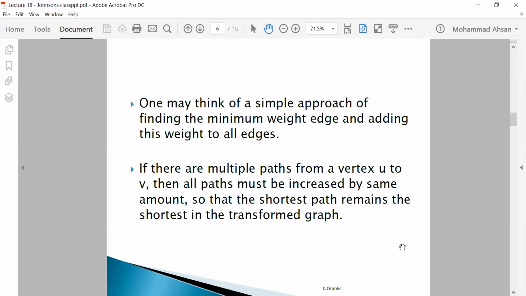If there are multiple paths from a vertex, then all the paths must be increased by the same amount. Unless you increase all the paths by the same amount, there will be a discrepancy in the shortest path in the changed graph. So we want the shortest path to remain the same for the vertices even after this weight change, but if you add it to every edge, it will not be uniform.